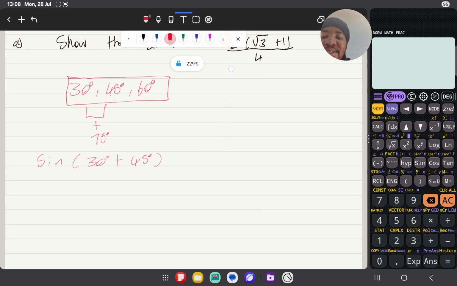So we continue. Alpha in this case is 30, so you have sine 30 cos 45 degrees, and the sign is plus, so we have a plus. Then we start with cos, so now it's cos 30 sine 45.